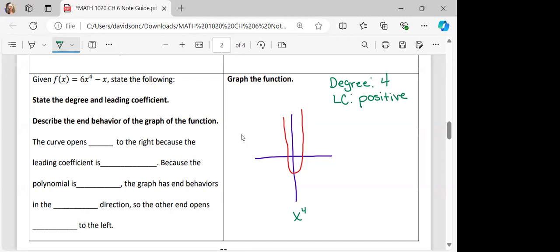Since it's x to the fourth, that means it's quartic. So the left side goes up, and the right side goes up.